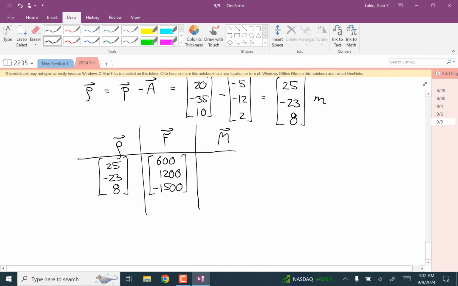You could spend a while doing this by hand, or you can plug it in, and you get a moment of 24,900, 42,300, and 43,800 Newton meters.